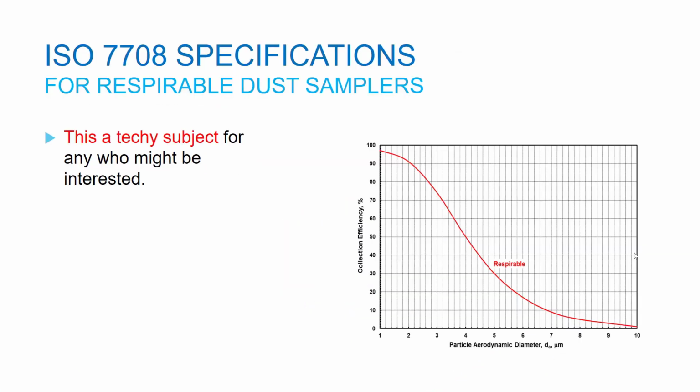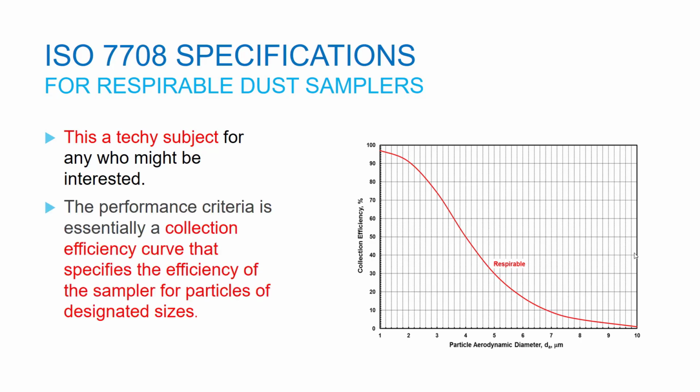This slide may be a little too techy, and it's just for information only, but I just wanted to illustrate for you the performance criteria in ISO 7708 that was incorporated into the OSHA standard. ISO 7708 is essentially a collection efficiency curve that specifies the efficiency of the sampler for particles of designated sizes.